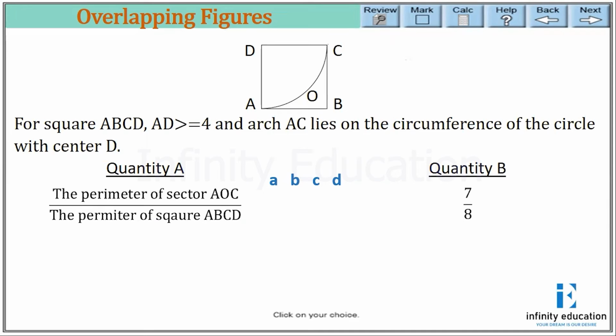Quantity A is the perimeter of sector AOC, and quantity B is given as the perimeter of square ABCD.